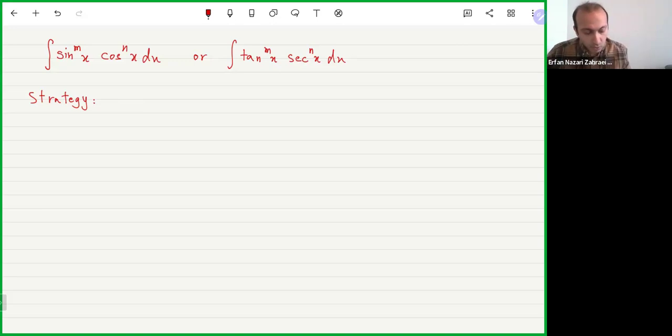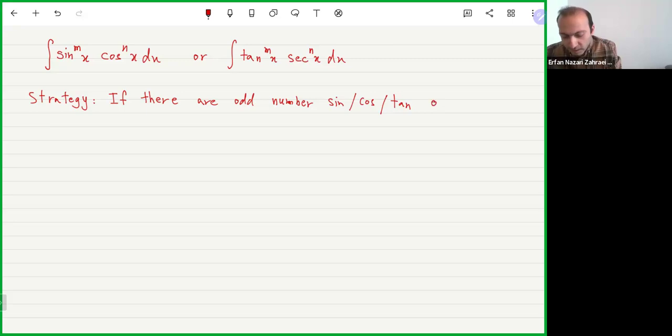So the rule is that if there are an odd number of sine, cosine, or tangent, or an even number of secant, then we use a substitution.